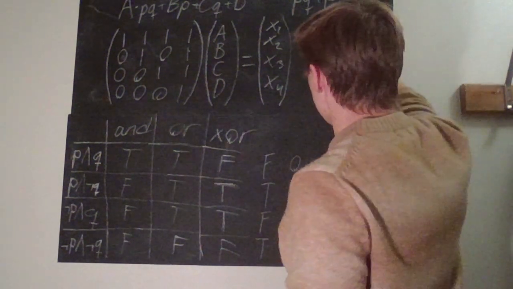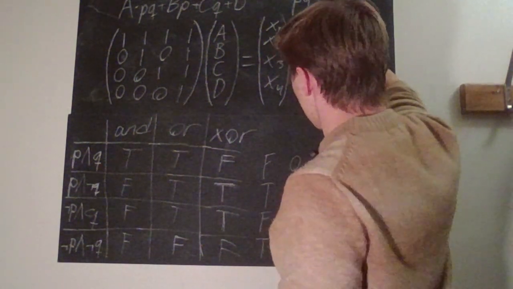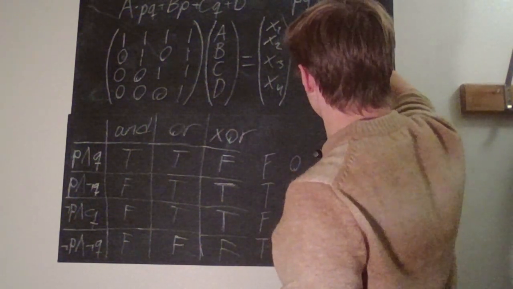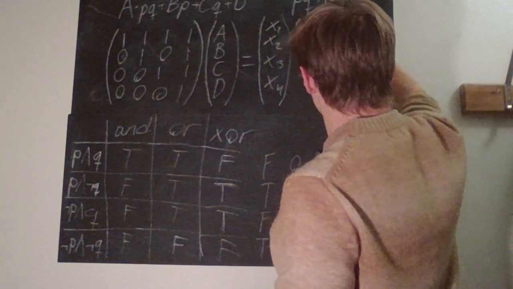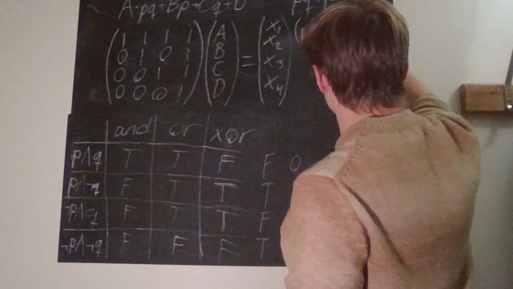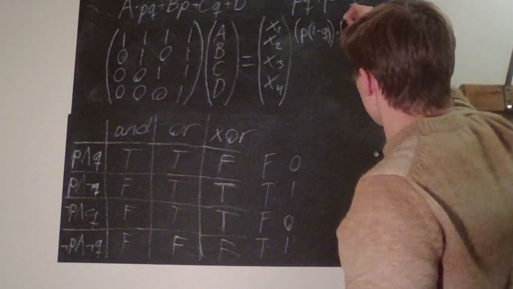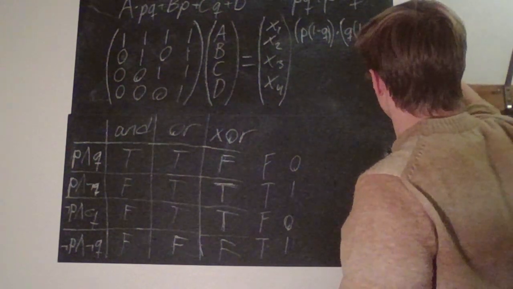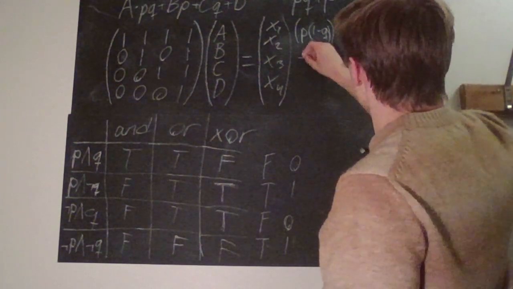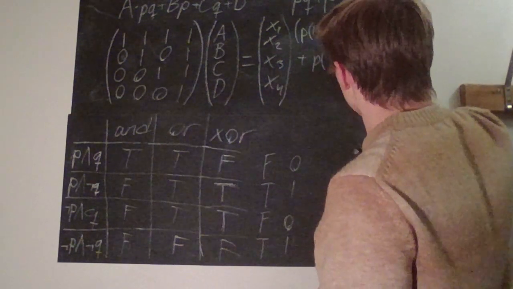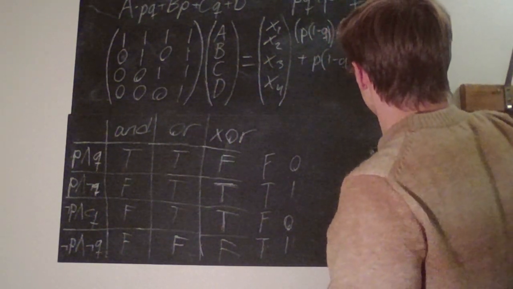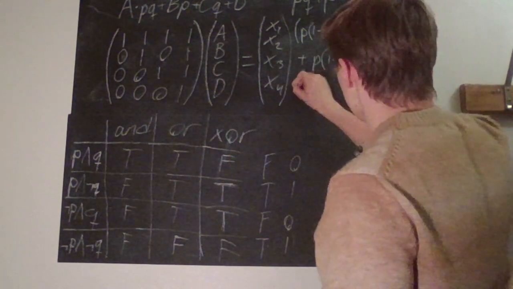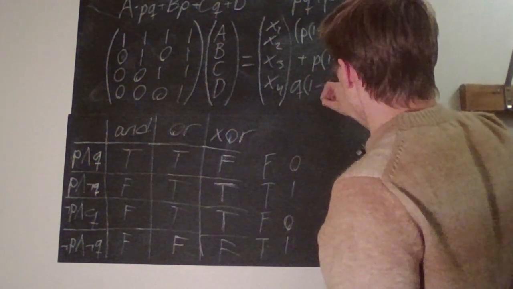So what we would get here is that our p is p times 1 minus q, and our q is q times 1 minus p. So we have this plus p times 1 minus q plus, and continue over here, q times 1 minus p.